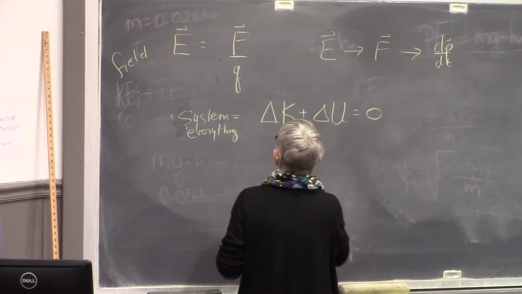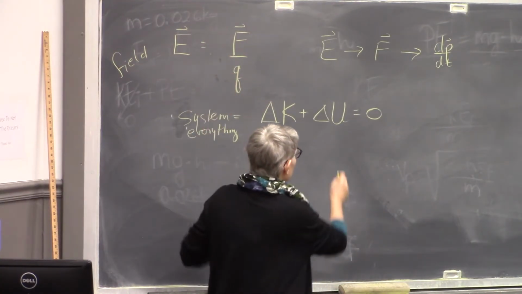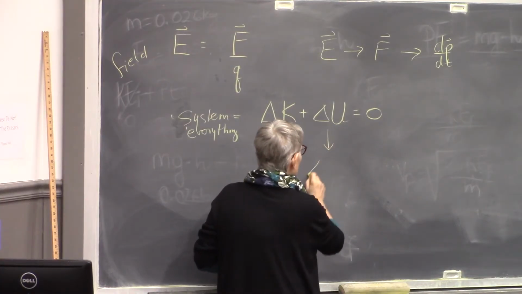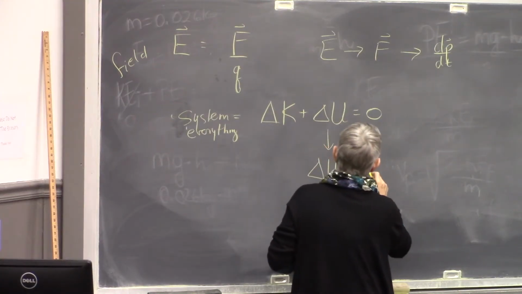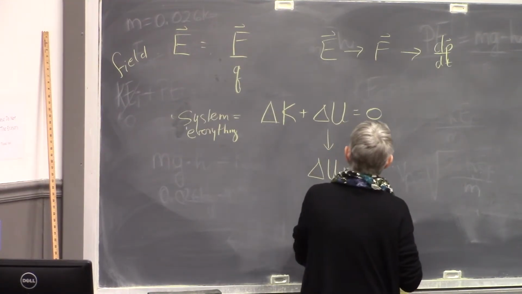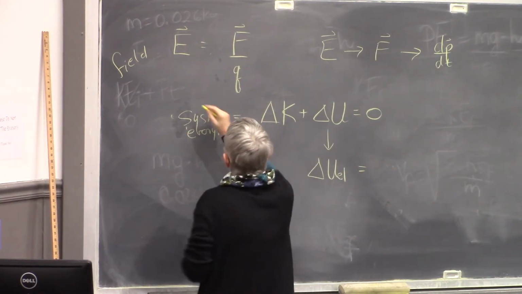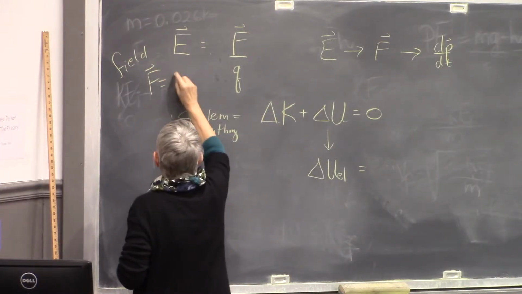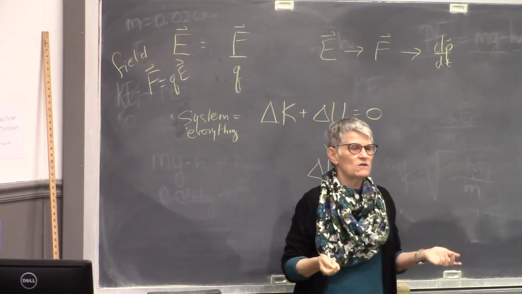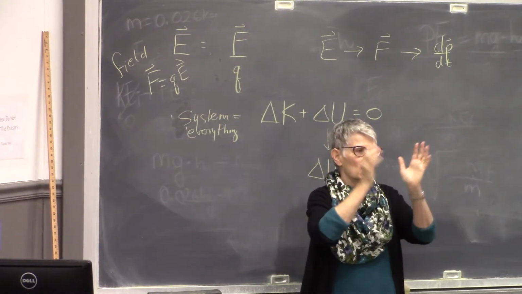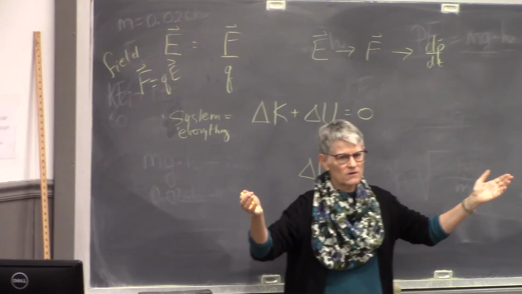So just as field is force per unit charge, we're going to find that we can say electric potential energy is equal to, well, force is Q times E. We want the electric potential energy change in some process that involves a charge moving in a region where there's things interacting with it and there's a field.